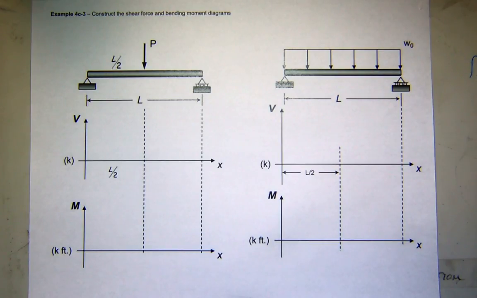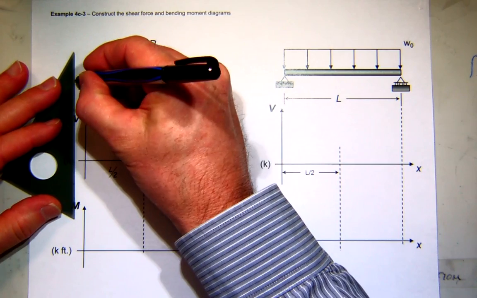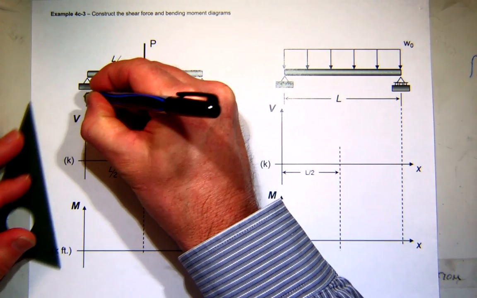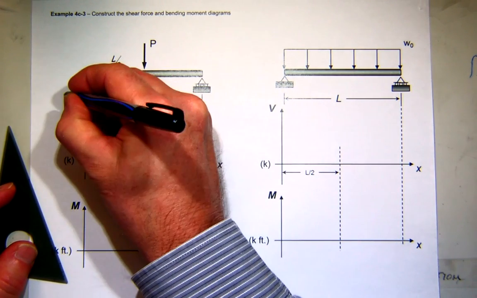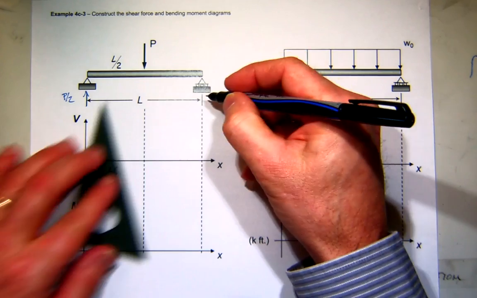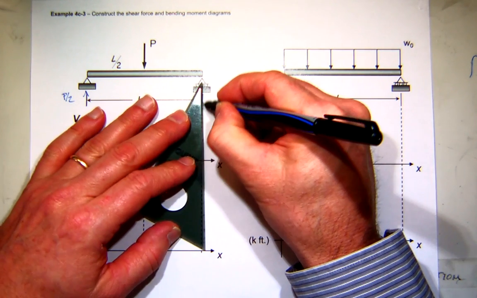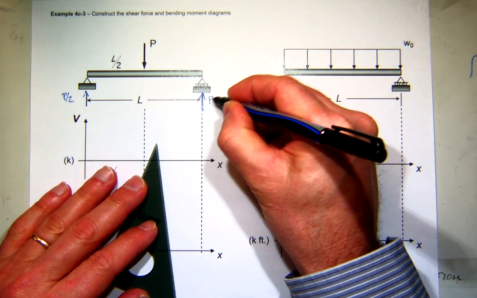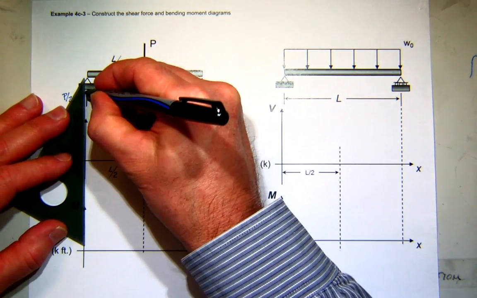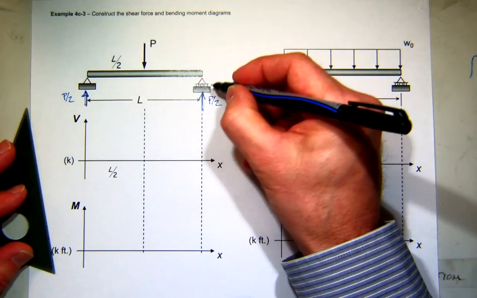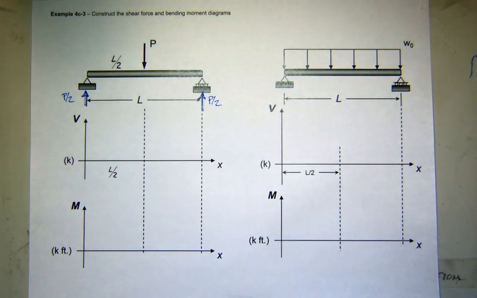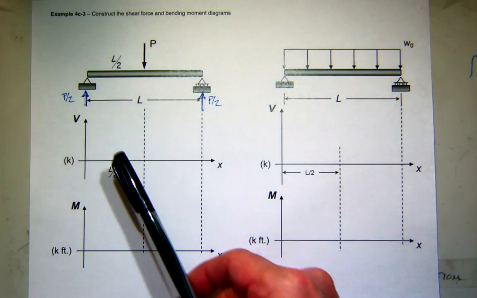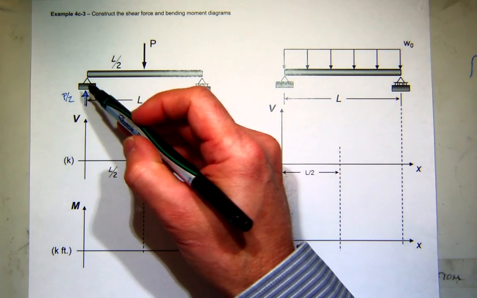Again, sparing you the details of the reactions, I will tell you that this reaction is P over 2 up, and this reaction is also P over 2 up. So starting with my shear diagram, what kind of shear is this?